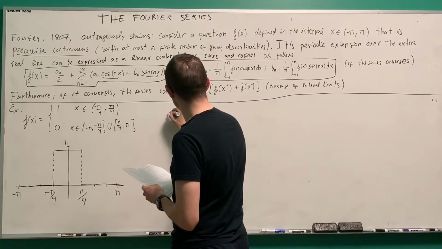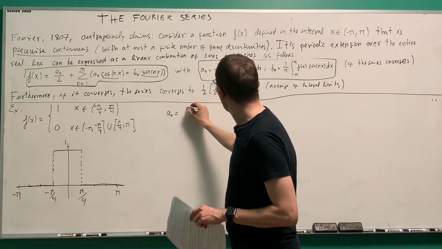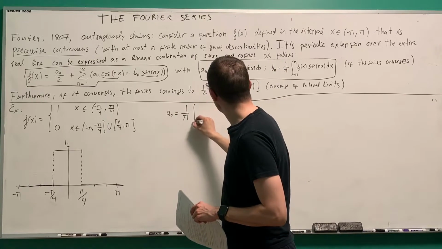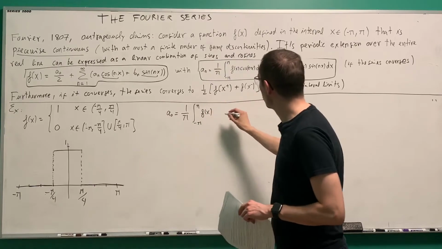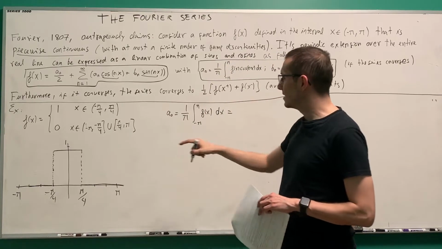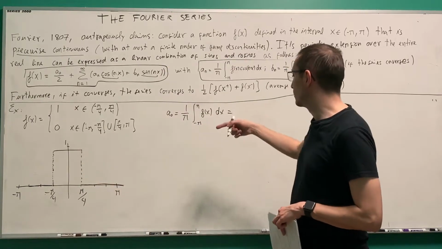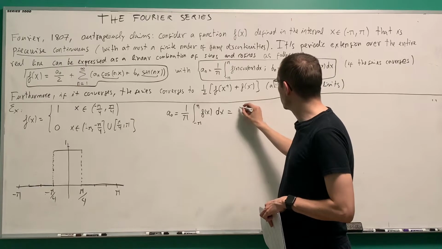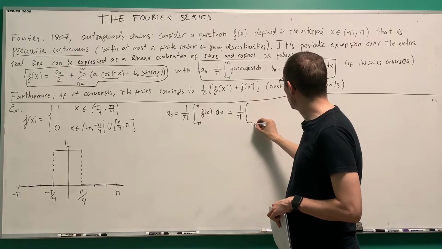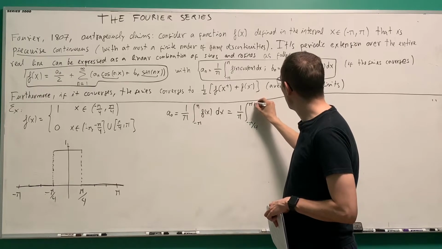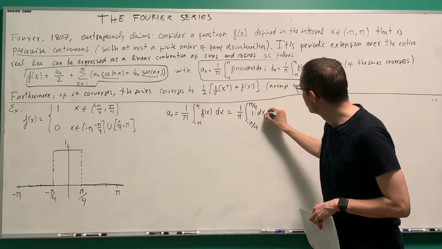All right, let's compute A0. What is A0? The integral is 1 over pi, integral minus pi to pi, f of x, cosine of 0, which is 1, dx. That's easy, huh? Because from minus pi to minus pi over 4 and from pi over 4 to pi it is 0, so this is the same as 1 over pi, integral minus pi over 4 to pi over 4 of 1 times dx.